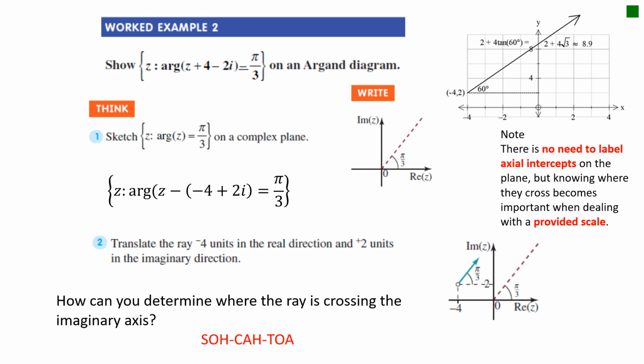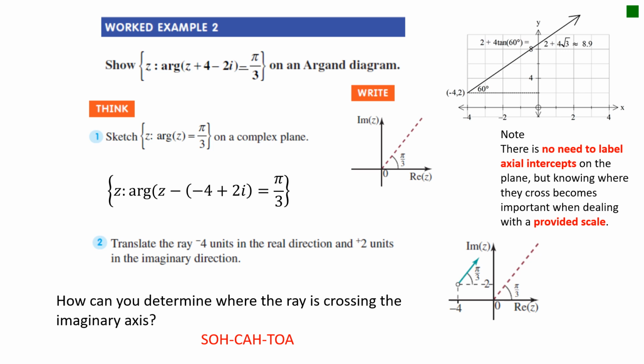Now, what's important to note is the following. You're never expected to label axial intercepts, so where your ray crosses the particular axis involved. However, you'll often be dealing with a scale that's already provided, and it will be expected that you know where it crosses roughly, between 1 and 2, between 8 and 9, or whatever the case may be.